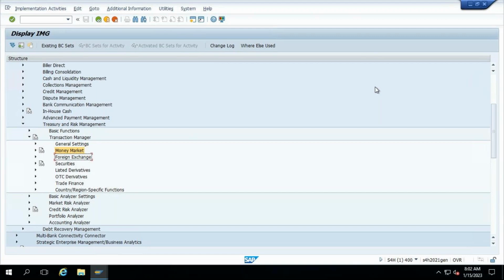What is the advantage? If you have not implemented SAP TRM in your company, you have to highlight the benefit of using the SAP TRM module.